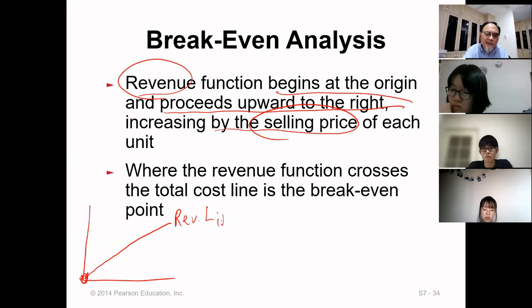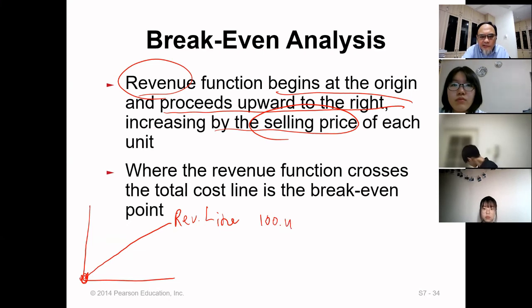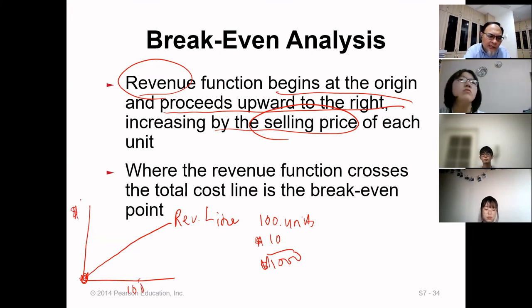If I have 100 units and I sell at $10, I will get $1,000. So this is 100, then my income is going to be 1,000. This is the revenue line. Then 10, 20, 30, and so on.